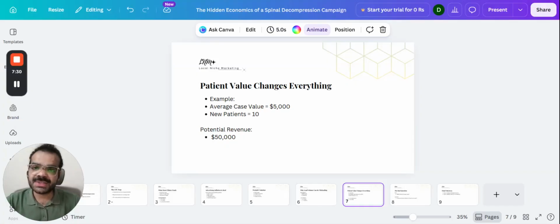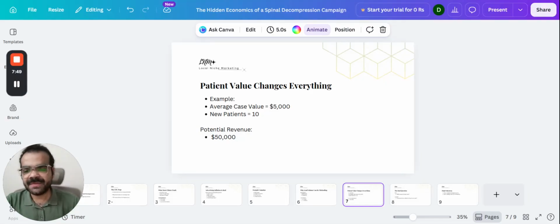Now, these cash based services are totally opposite to conventional chiropractic, right? Because the average case value is a lot higher than simple adjustments or therapy sessions or massage sessions, right?